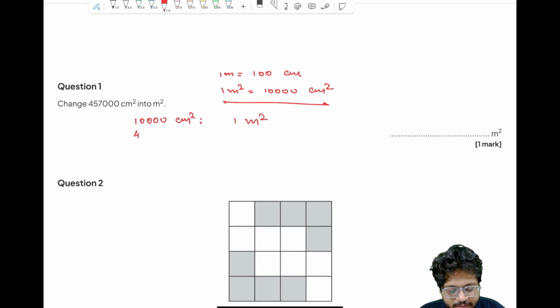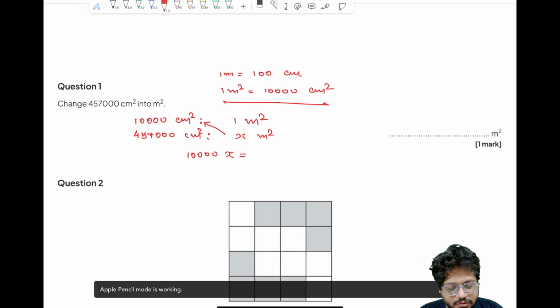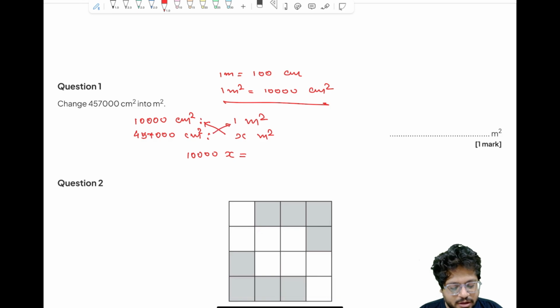In that case, 457,000 centimeter square is, let's say, x meter square. So this is a simple ratio thing. Just do the cross multiplication. This x will be multiplied with 10,000, so 10,000x is equal to this 1 multiplied with 457,000, that is 457,000 times 1.